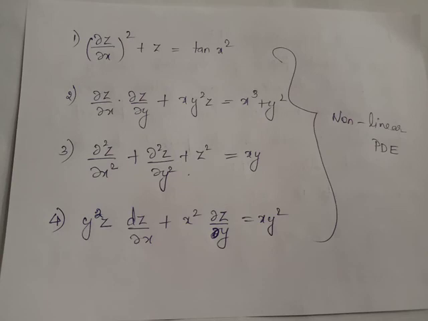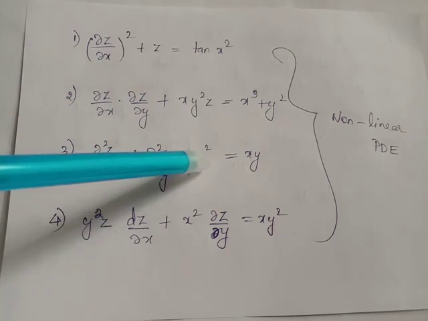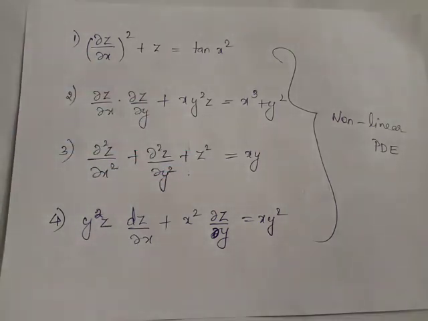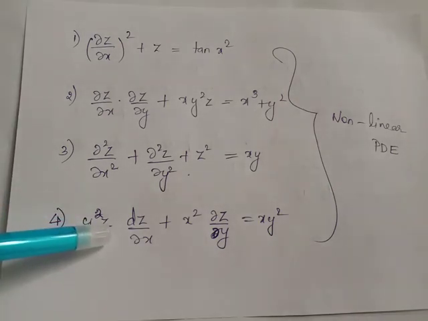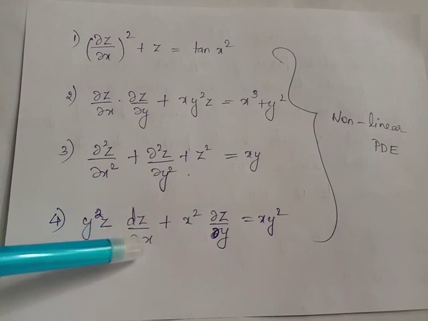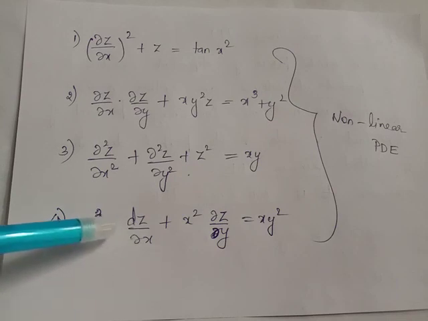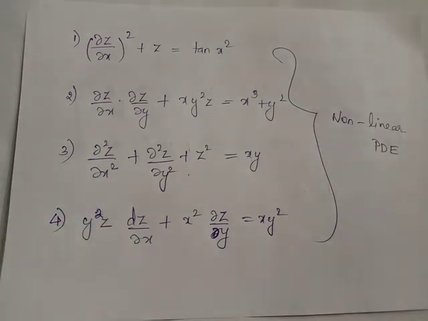In the third equation, the power of z, which is the dependent variable, is 2. Since the power of z is 2, we classify this third equation also as non-linear partial differential equation. Regarding the fourth equation, you can see that the dependent variable z occurs in product format with one of its partial derivatives, and this particular term makes it a non-linear partial differential equation.